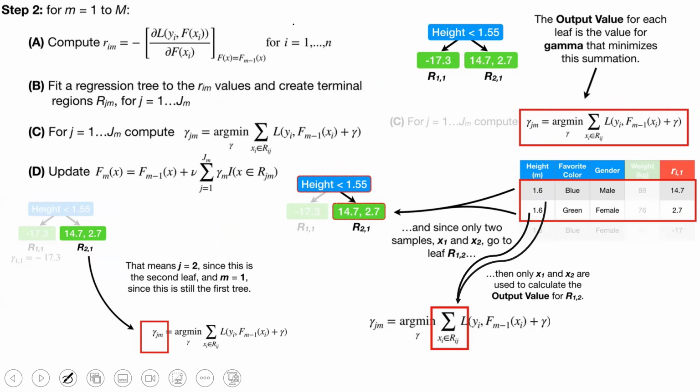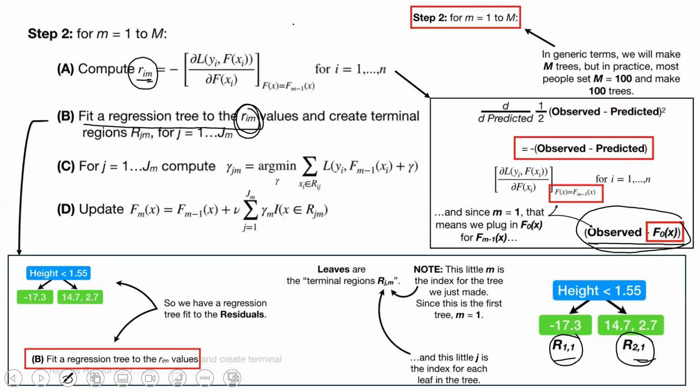All right. Where are we? Okay, we are here. So now the next step is to fit a regression tree to the r_im values. So we predict the residuals. You construct a regression tree that fits the residuals. So leaves are the terminal regions. This little m is the index of the tree.